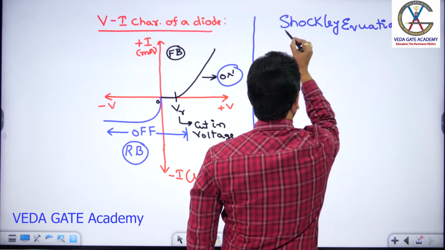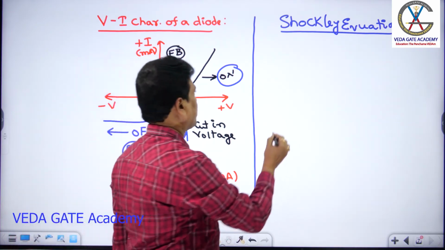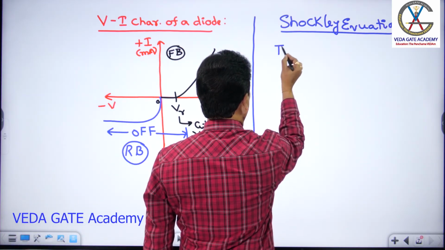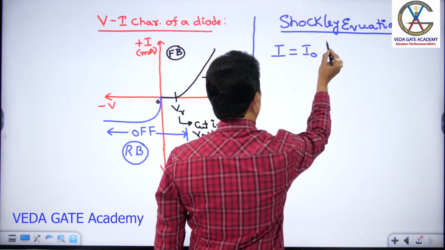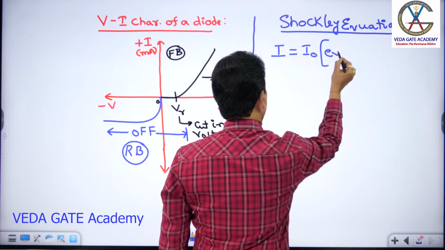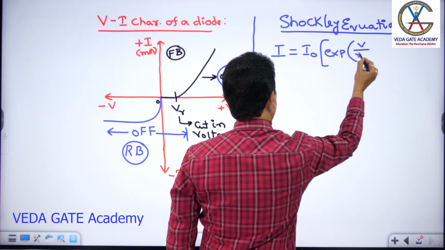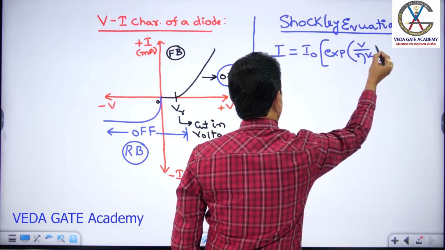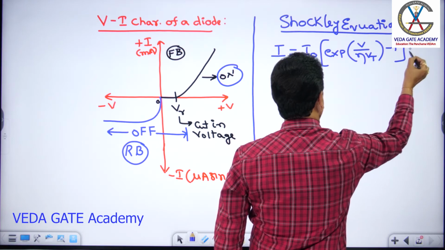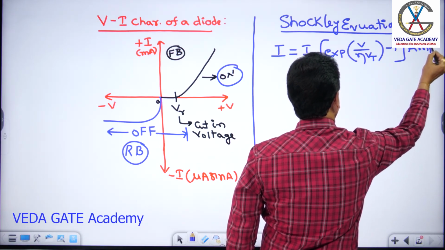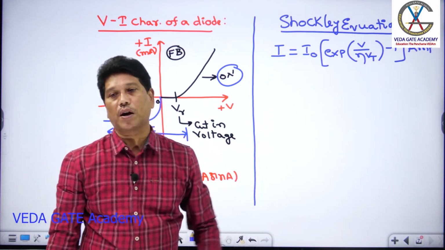The Shockley equation of current for a diode is expressed like this: the current in a diode I equals I naught into exponential of V by eta Vt, minus 1, in ampere.